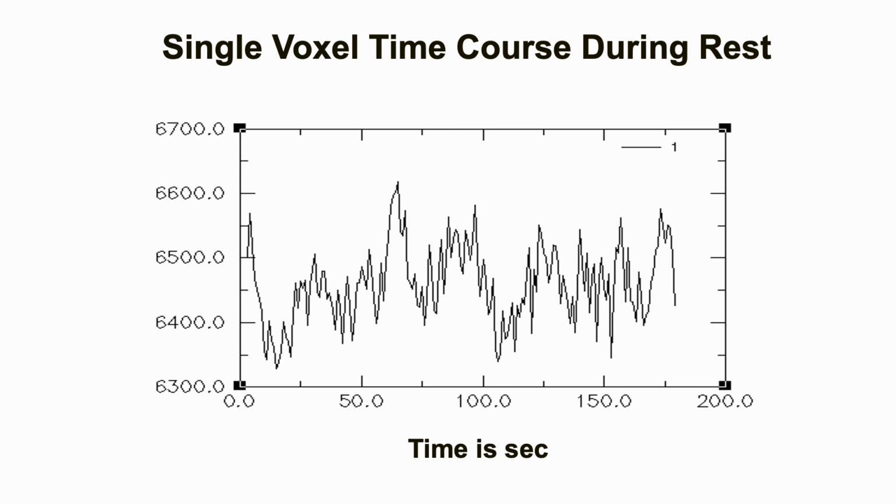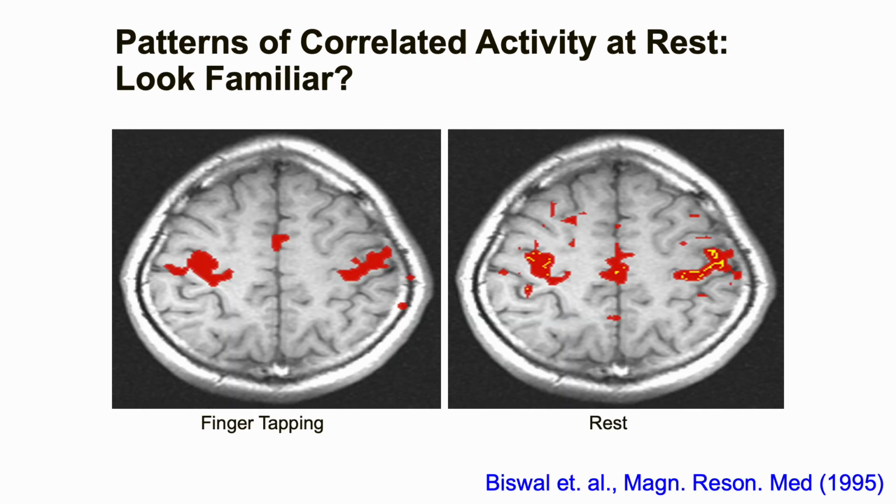And so what we did was we analyzed this data during rest in a similar fashion as is done for task activation. And what we found is that the resting state had significant correlation, and we saw the sensory motor cortex very similar to what was observed during finger tapping.